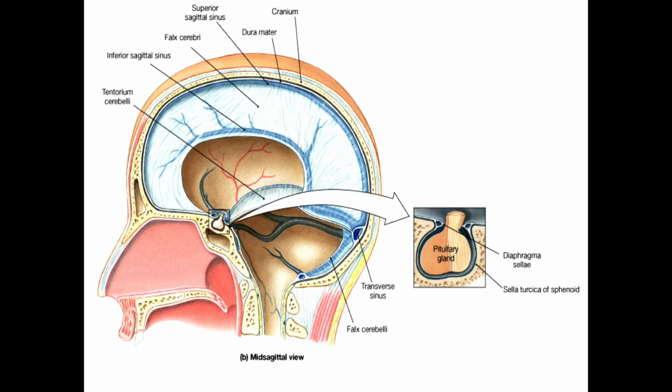So this is a photo of what I've talked about. As you see here, this is our sella turcica location, right? This bone here is the sella turcica, and in it, as you see, like an onion, this is our pituitary, anterior and posterior pituitary.